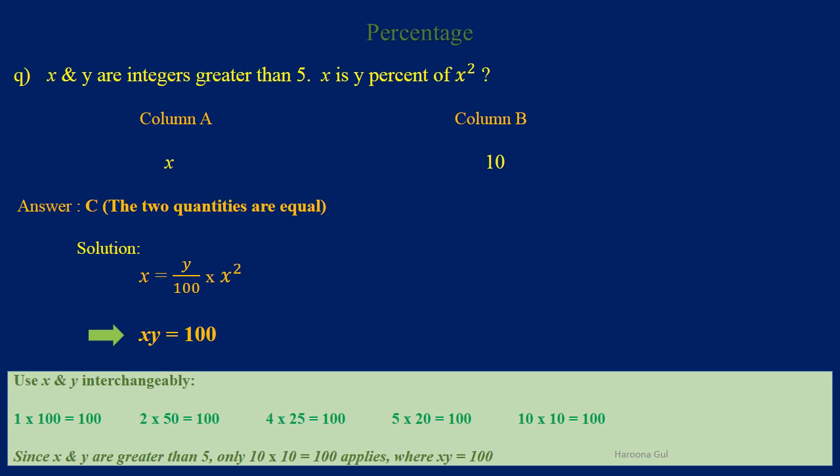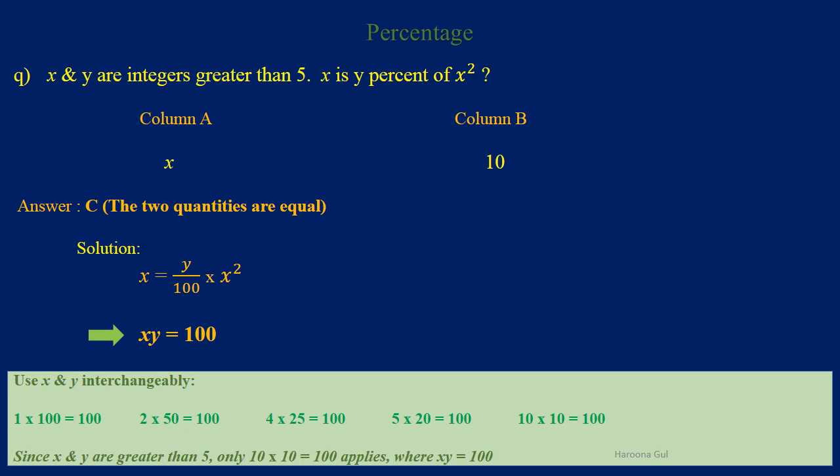But since we have been given the condition that x and y are integers greater than 5, we're going to pick the value which is greater than 5, and we're left with only one option, that is 10 into 10 is 100.